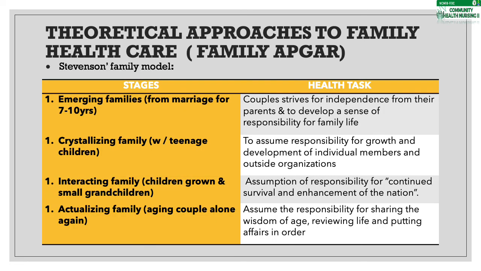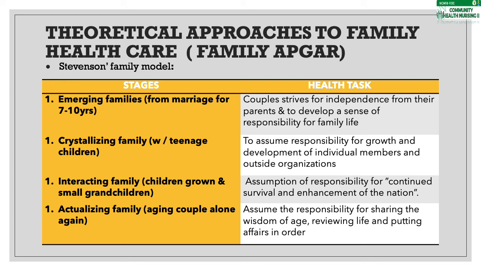We also have another family model by Stevenson. Now, this describes the basic tasks and responsibilities of families in four stages. So, Stevenson gives the family task as maintaining a common household, rearing children, finding satisfying work and leisure. It also includes sustaining appropriate health patterns and providing mutual support and acculturation of the family members.